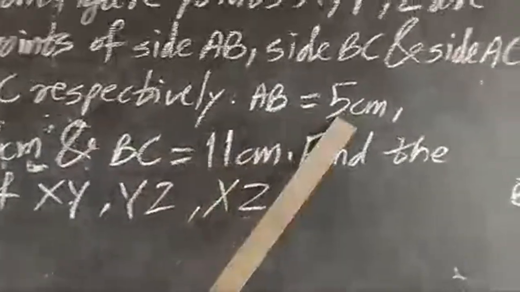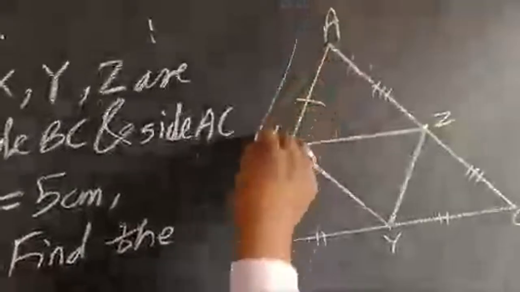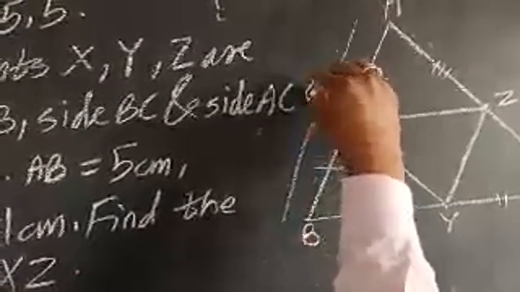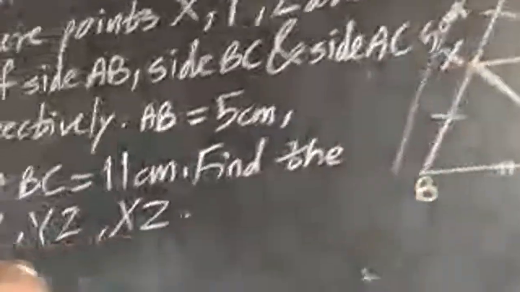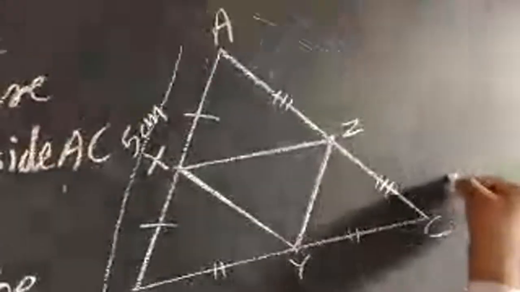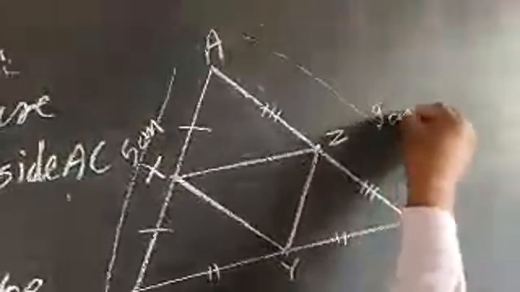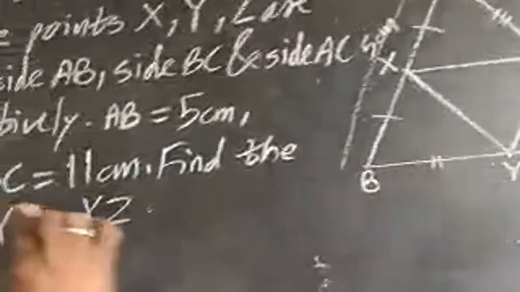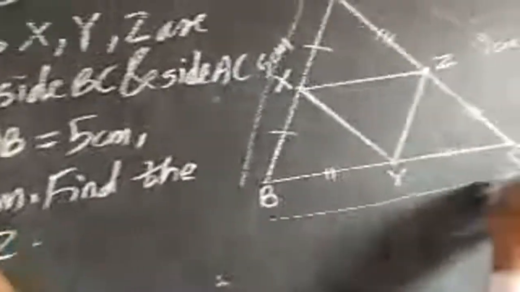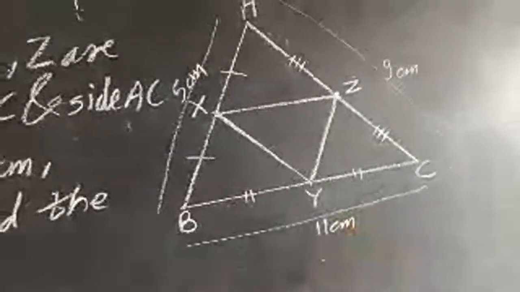AB is given 5 centimeter. The length of AB is 5 centimeter. The length of AC is 9 centimeter. And the length of BC is 11 centimeter.